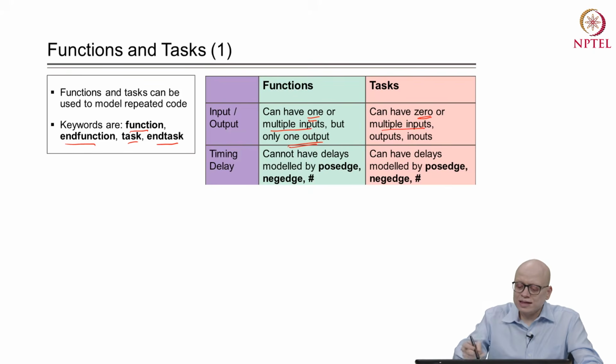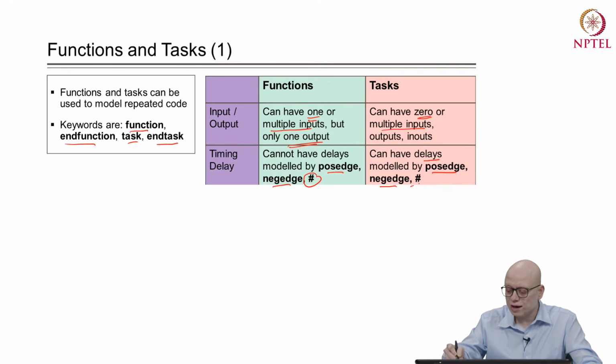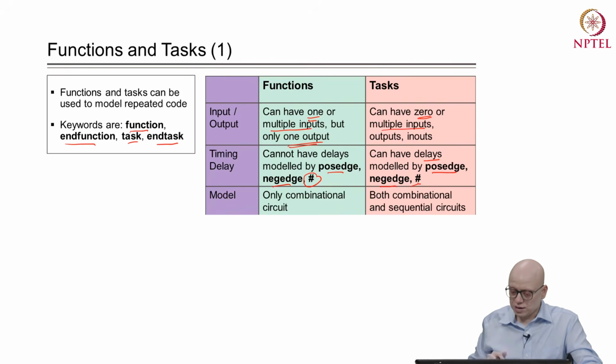Functions cannot have delays modeled as posedge, negedge or hash delay, while tasks can.